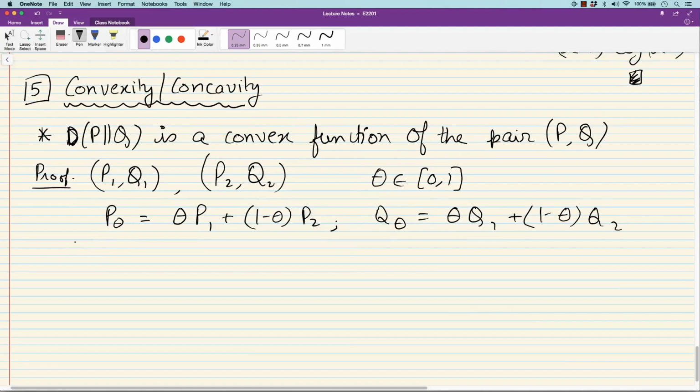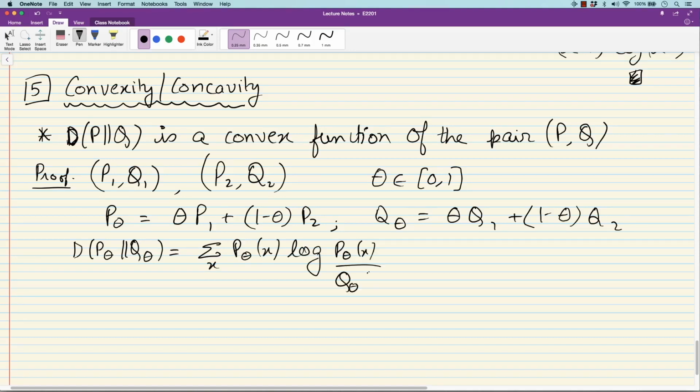So D(P theta || Q theta) equals summation over x P theta(x) log of P theta(x) by Q theta(x). Let's expand this thing. This is equal to summation over x. Just look at the inner part here.